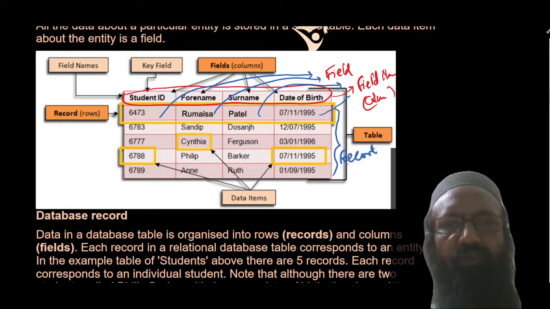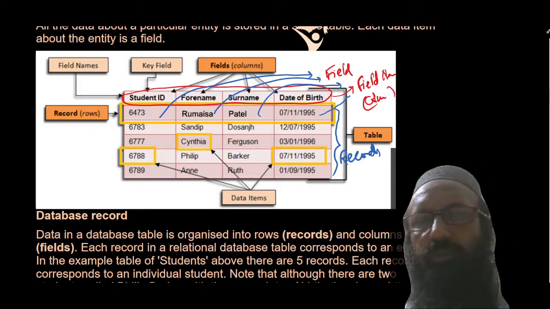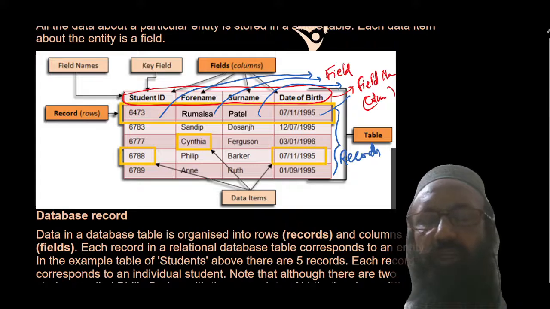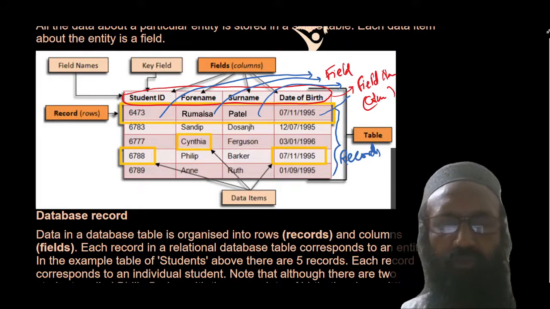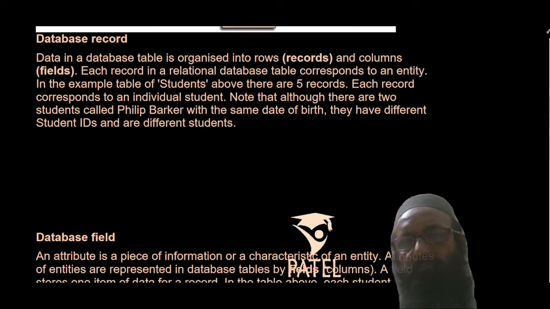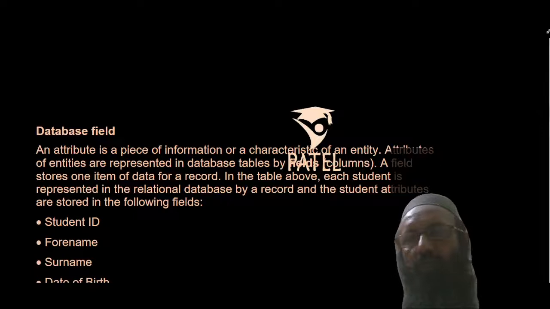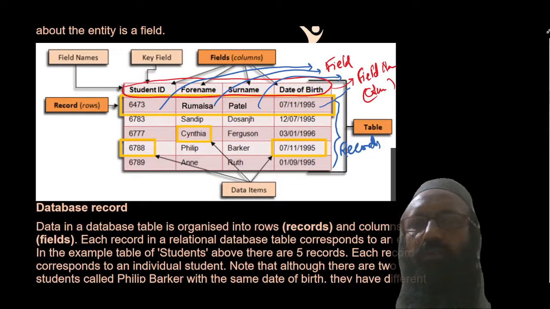In our syllabus, this is a common question. Sometimes a database table is given and we are asked to identify how many fields are there and how many records are there. We will solve the question, then you will see it. Whenever we store data, we store it under these headings.